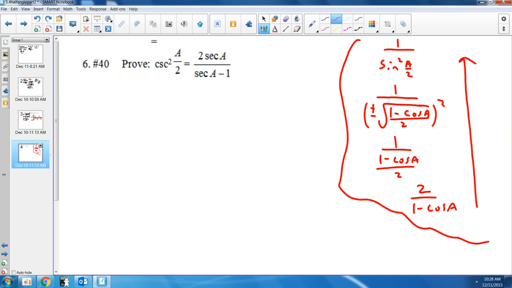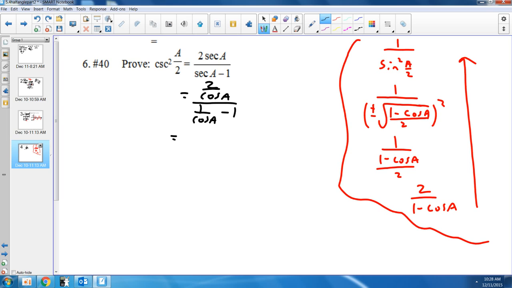So I'm doing this work off to the side, and I'm thinking, all right, I really want to get to here. It's just cosines. The right side, I can easily get the cosines, so this should work out pretty well. The right side is 2 over cosine A using the reciprocal identity, 1 over cosine A minus 1. I then want to multiply the top and the bottom by cosine A because I'm clearing out the fractions.